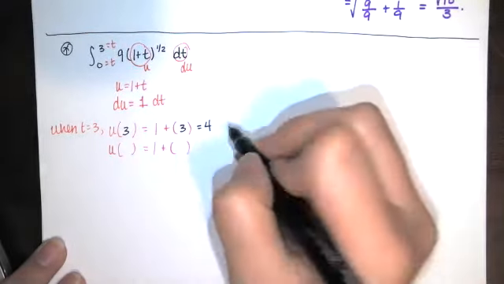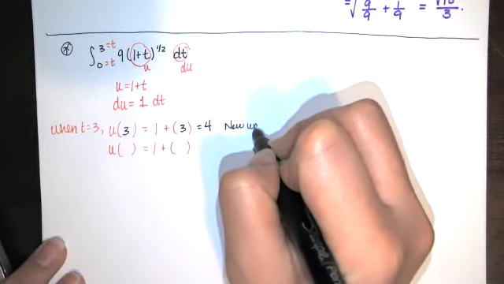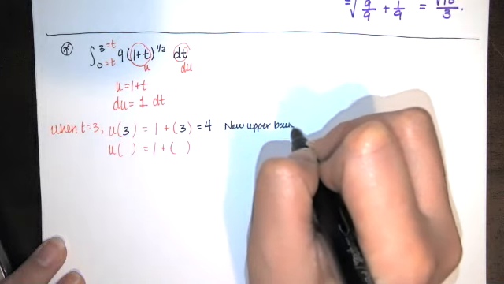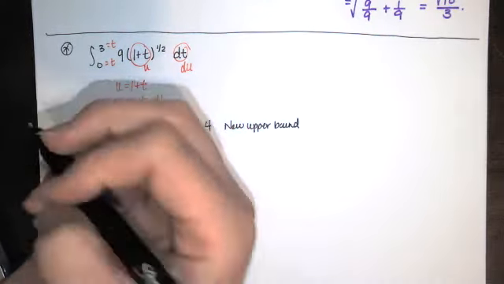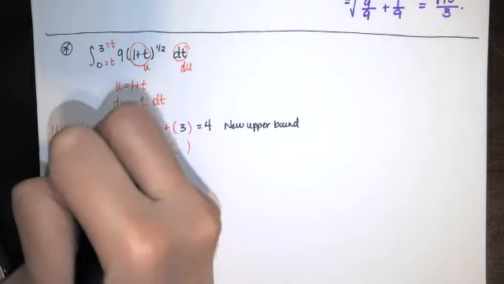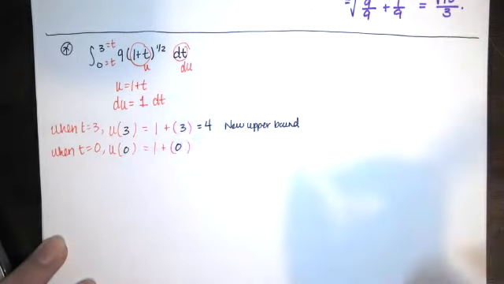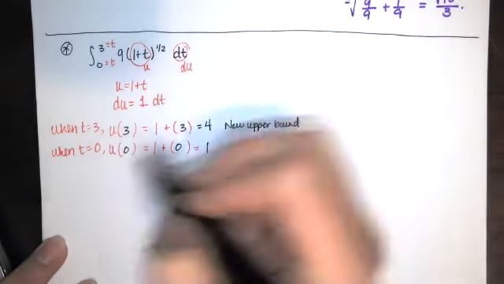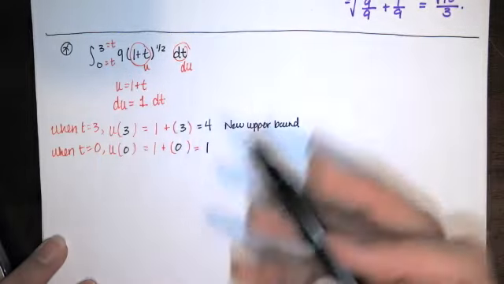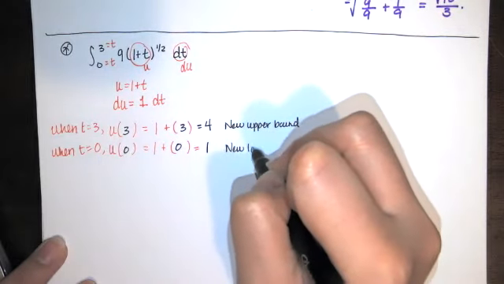So that's our new upper bound. And when t equals 0, u will equal 1 plus 0, which is 1. And that was our original lower bound, so this is our new lower bound.